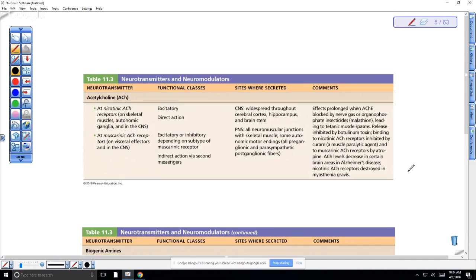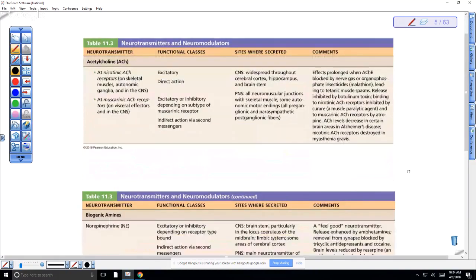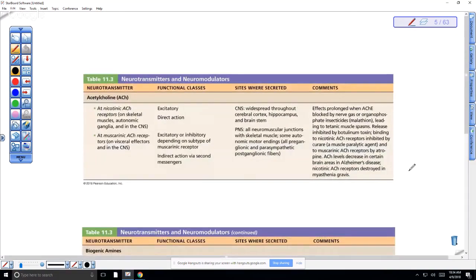That's how you would read that table. One of the interesting things about acetylcholine is that the levels of acetylcholine get really low in Alzheimer's patients. And so one way to treat Alzheimer's disease is that they give them acetylcholine as a drug in order to hopefully increase the acetylcholine in the brain.